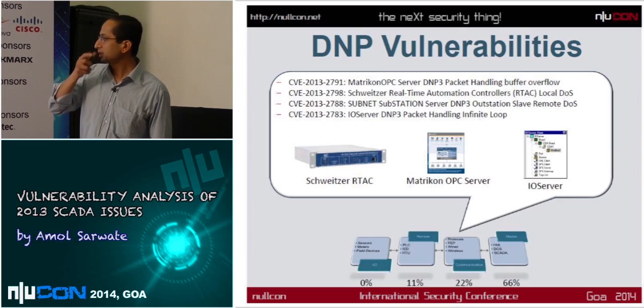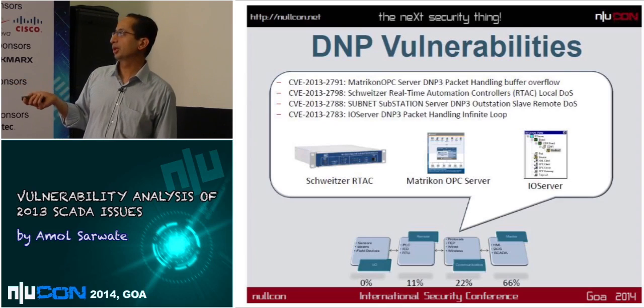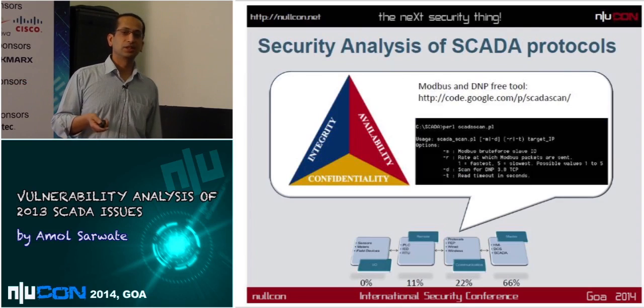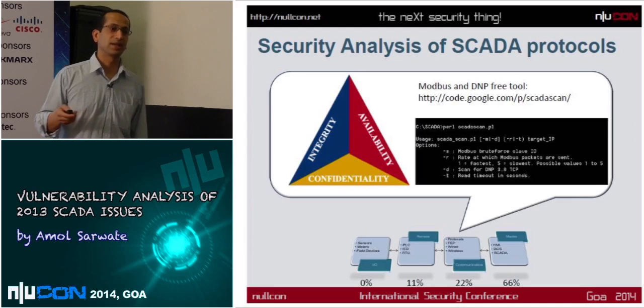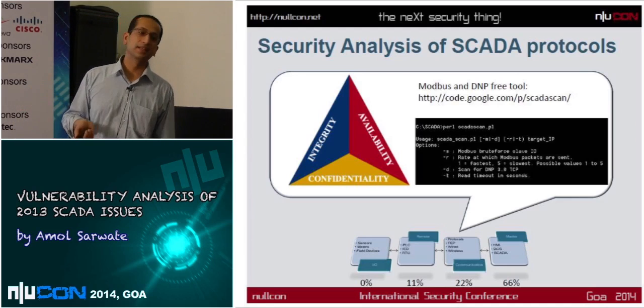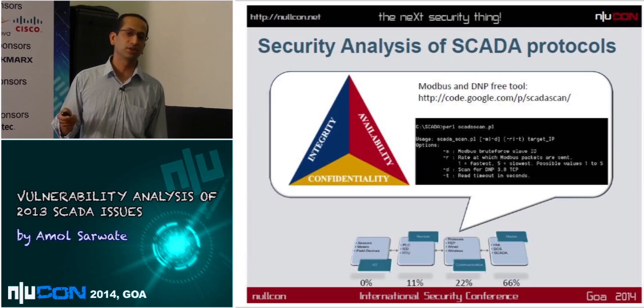So, generally speaking, if you do a security analysis of any protocol, there are three things, right? Integrity, availability, and confidentiality. Confidentiality is basically who can access the system and are you authorized to access the system. So we already discussed that a lot of these protocols do not have any authentication or authorization.